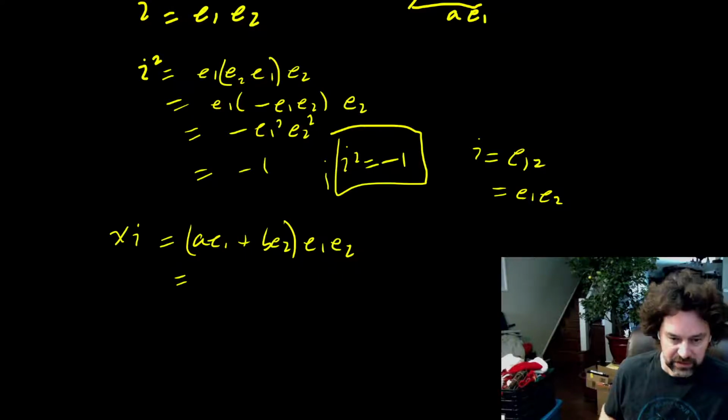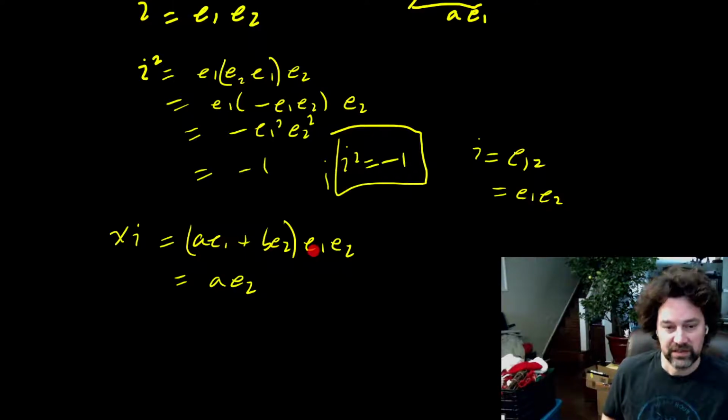So we have E1 times E1, which is 1, times E2. So this first factor is just A E2. Now you have E2 times E1 times E2, which is the same as minus E1 times E2 times E2. So minus E1 times E2 squared, but E2 squared is 1. So that is minus E1.